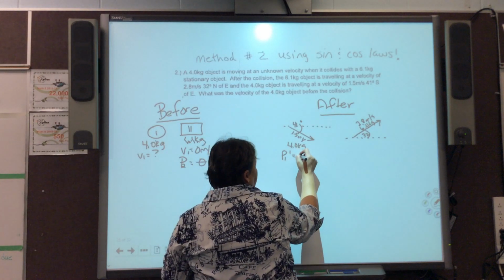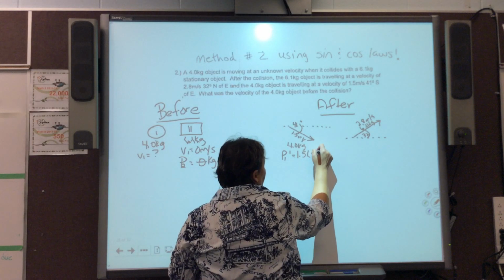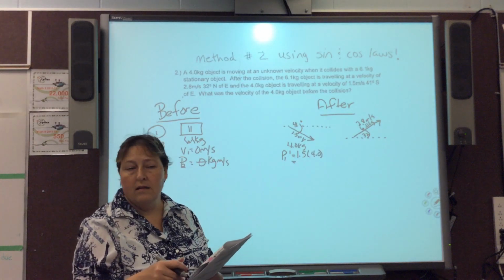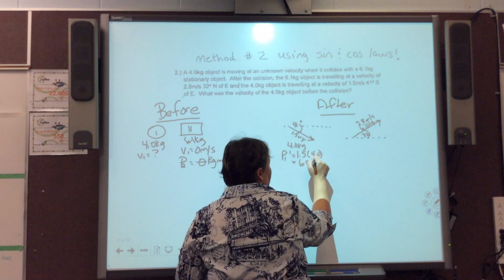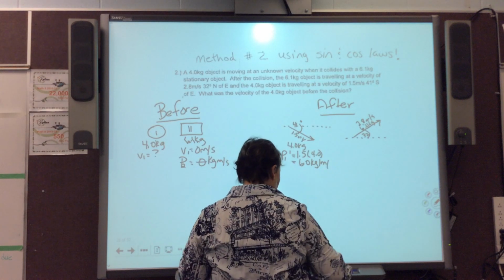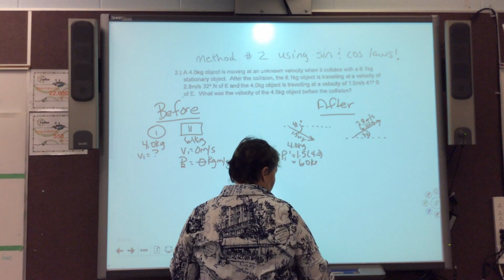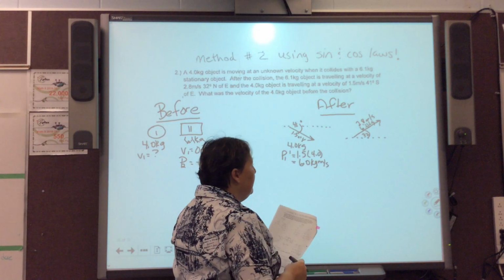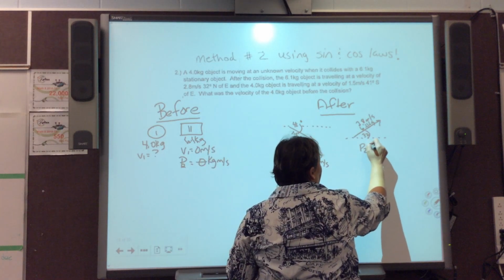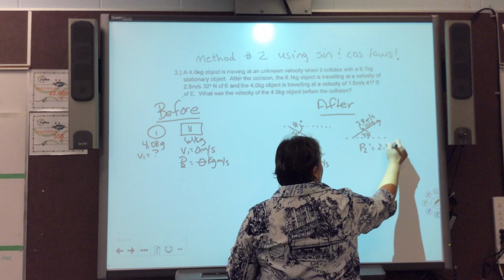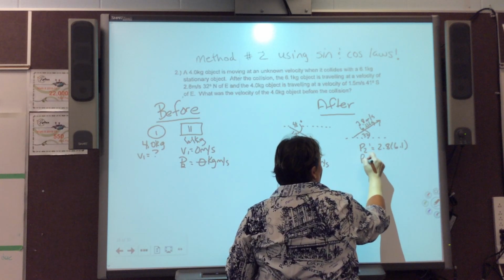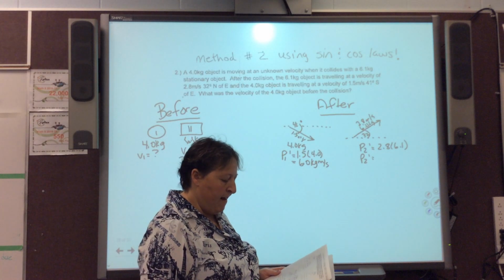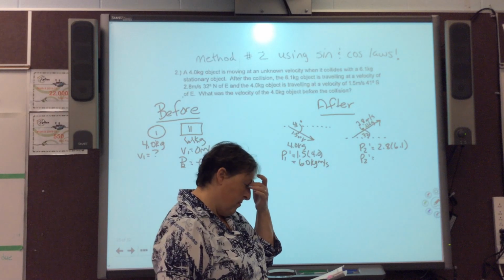So 1.5 times 4 equals 6. Oh, it's not per meters per second. And then the other one here, P2 prime, equals 17.08.